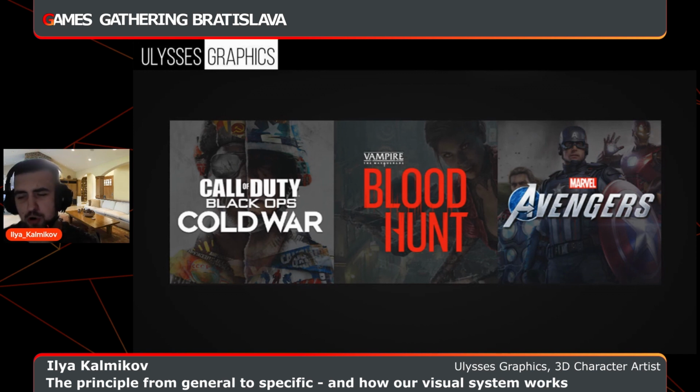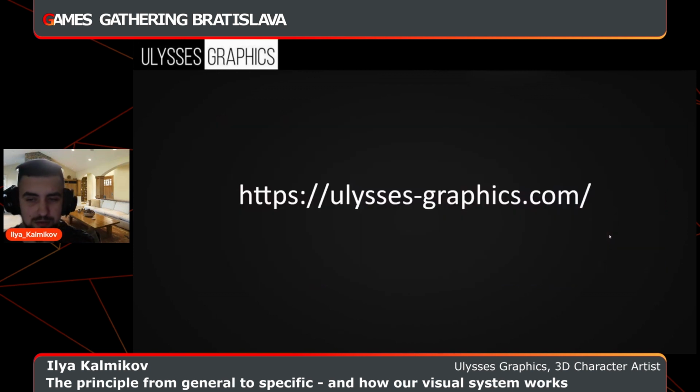There are many more projects, but unfortunately we can't mention them due to NDA. As you can see, there are many cool partners and projects we normally work with. And if you want to join our company, just check out our website and our specialist will reply to you.